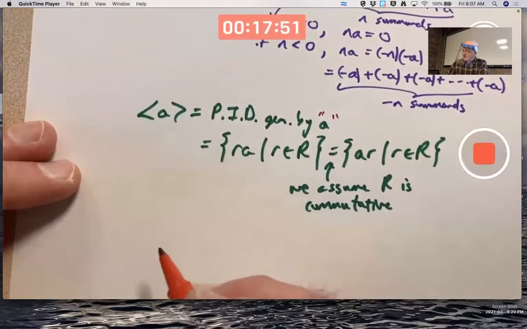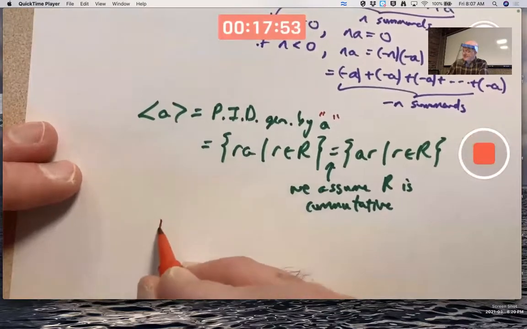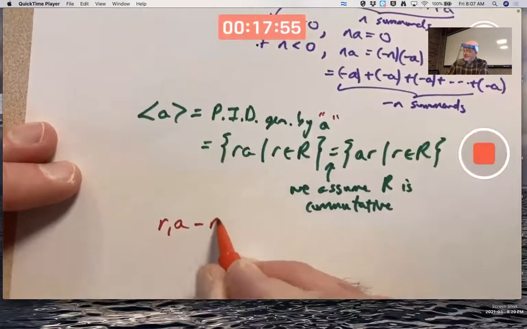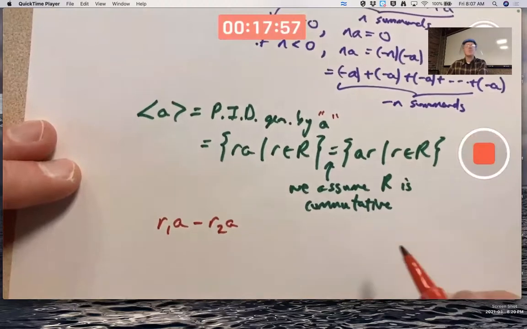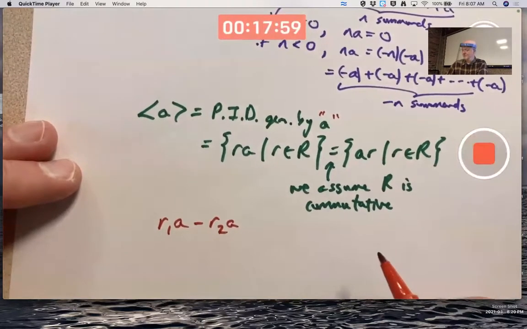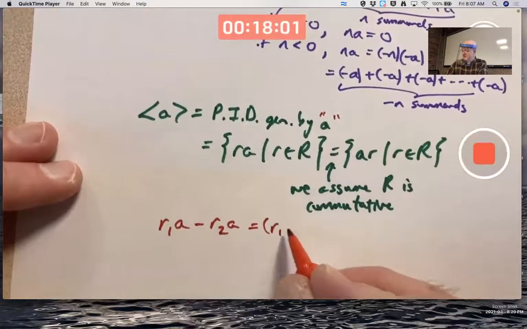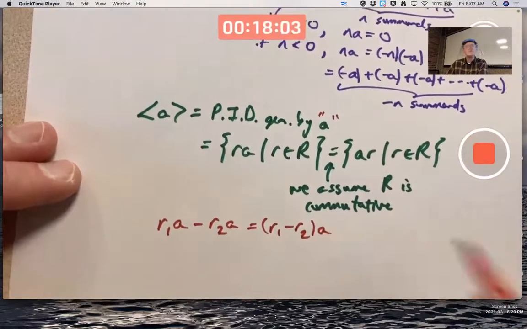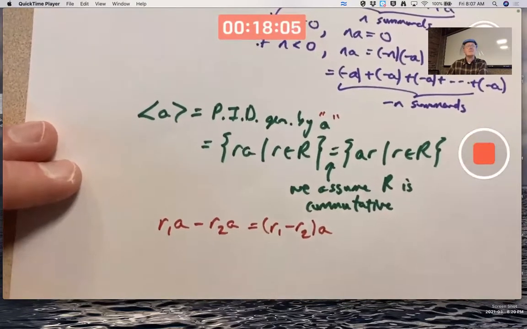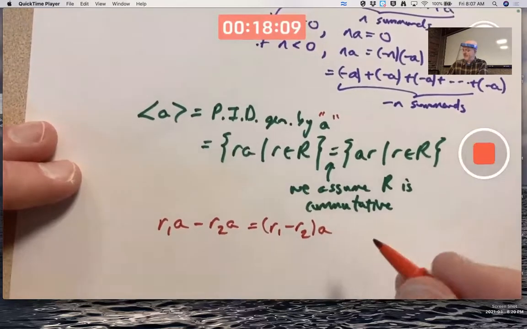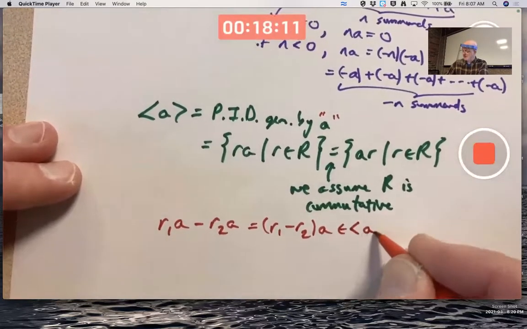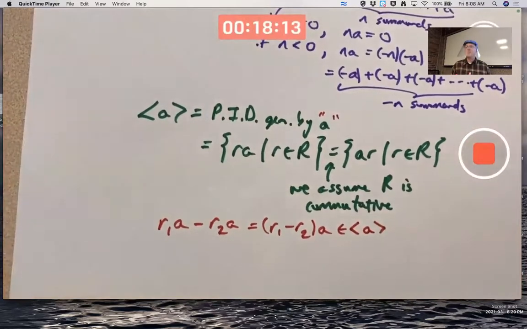Is it closed under subtraction? Give me two elements of that form. When I subtract them, do I get something of that form? Sure. Use the distributive property. There we go. That does it. Is it superclosed?